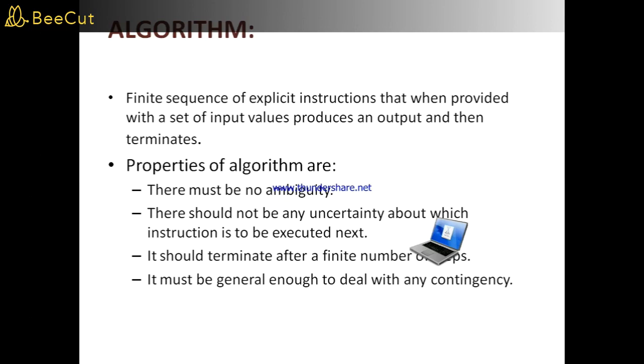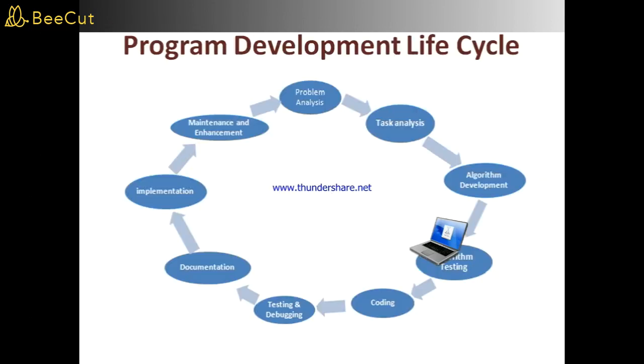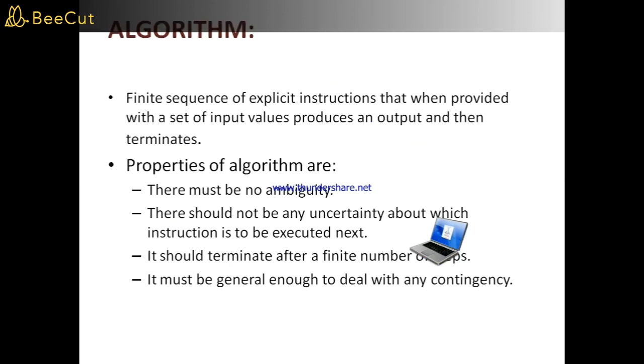Okay, so let's move on to the next step, that is algorithm. The third step, we have discussed algorithm in the program development life cycle. Let's see what actually the algorithm is. An algorithm is a finite sequence of explicit instructions that, when provided with a set of input values, produces an output and then terminates.